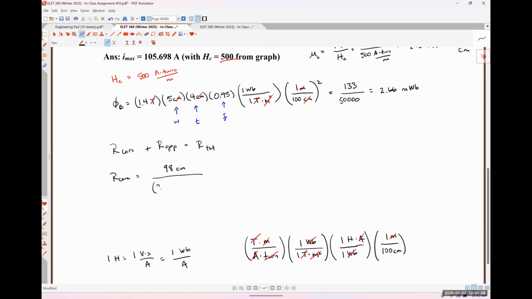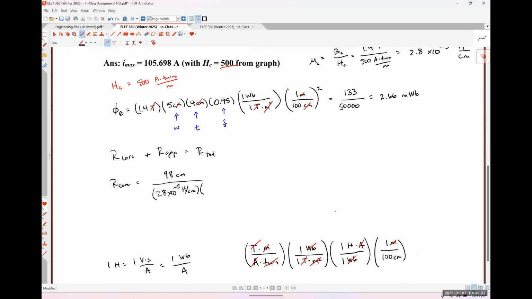So down here, we would put 2.8 times 10 to the minus 5 Henrys per centimeter. And then our area, which is WT times our stacking factor, right? So 5 centimeters, 4 centimeters, 0.95. Kind of wish I had just found out what the area was earlier, but that's okay.